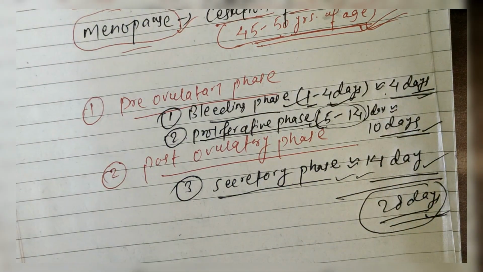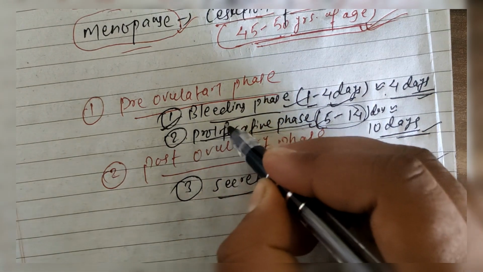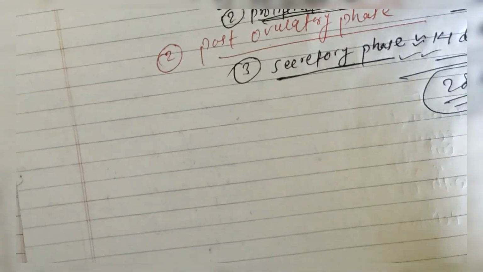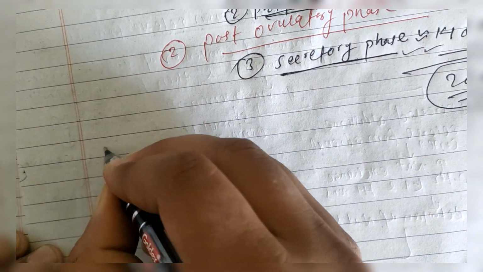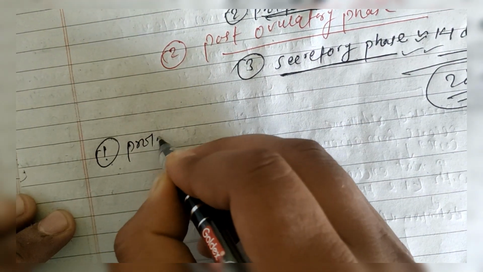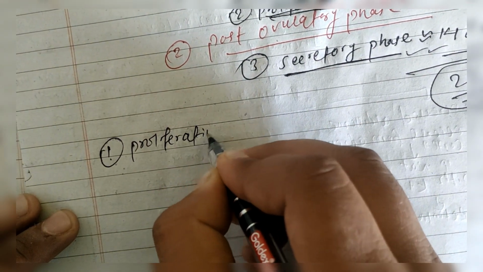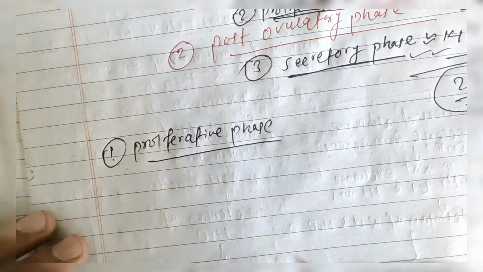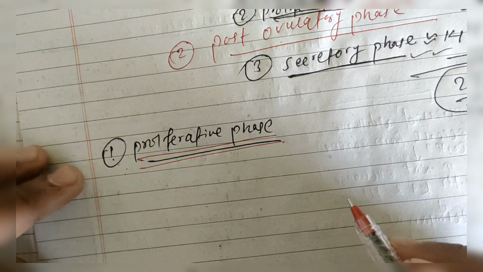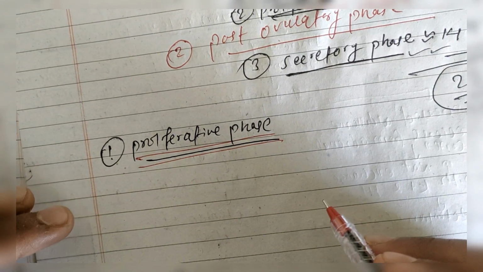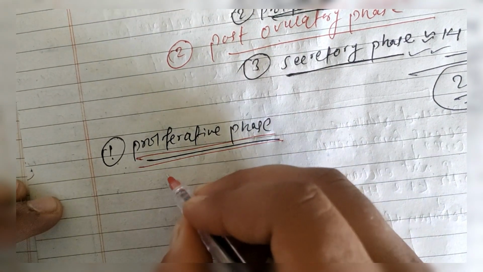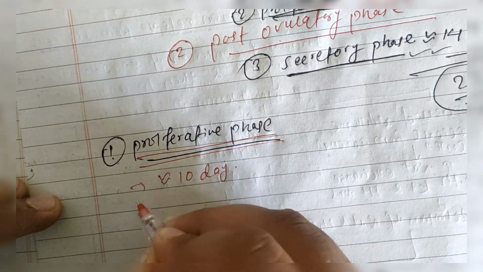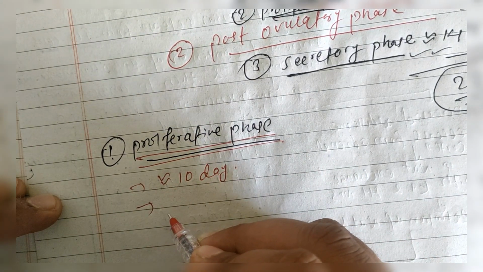Now let's discuss one by one these all three phases: this bleeding phase, proliferative phase and the secretory phase. First we will discuss about the proliferative phase. This phase is of time period about 10 days, and starts after the cessation of bleeding.